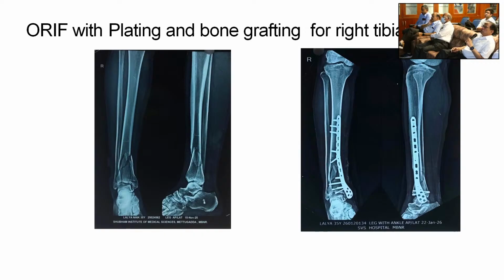See, whenever you do these things, all of you, you reduce temporarily. The whole idea is reduction of the articular fragments with K-wires. Then fixation with screws, 1 or 2 screws. Then this fragment.